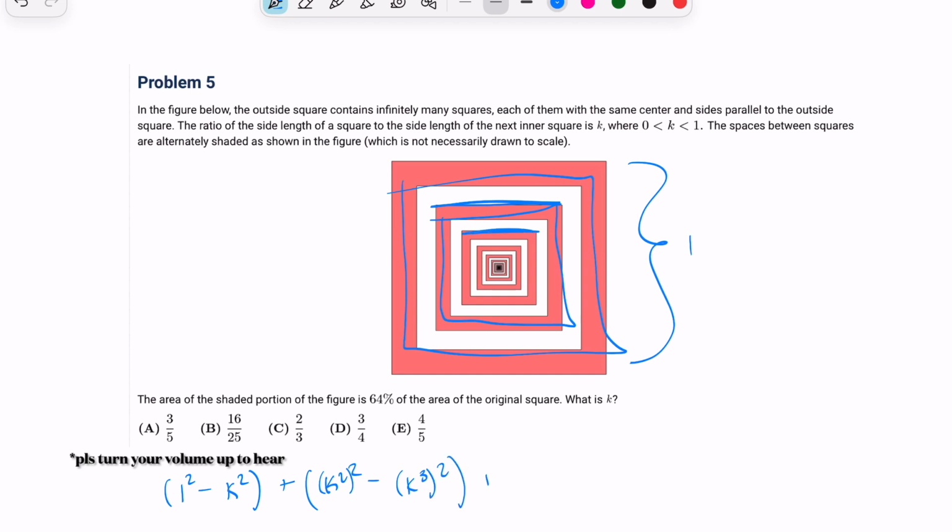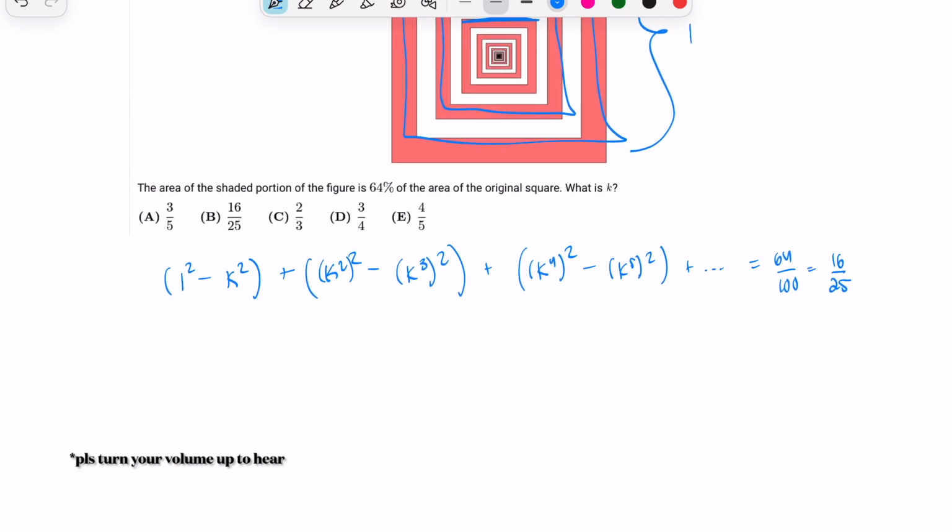And we can just keep going. So k to the 4 squared minus k to the 5 squared, and so on infinitely. This is the shaded area, and this should be equal to 64% of 1, which is just 64 over 100, or 16 over 25.